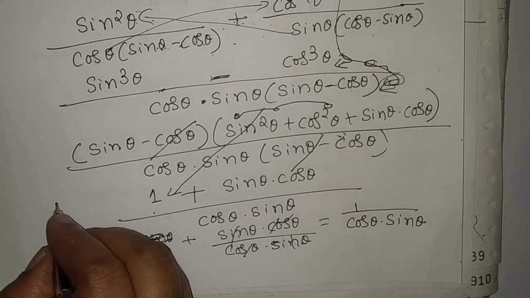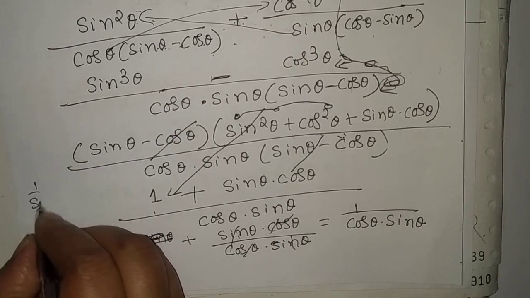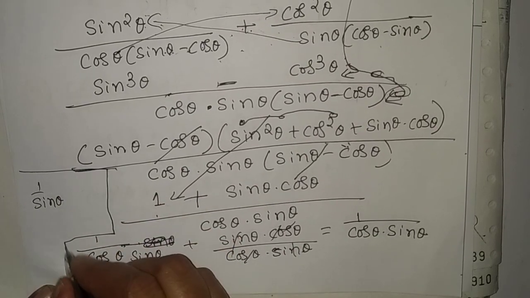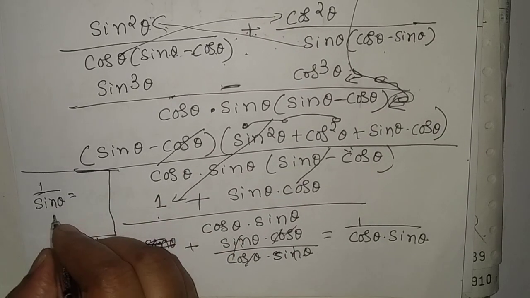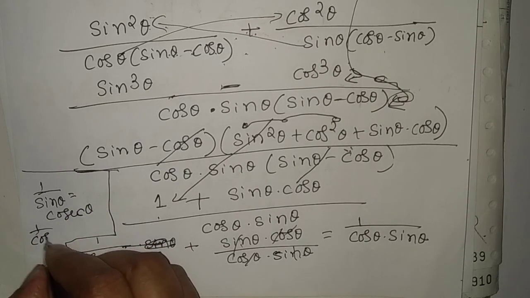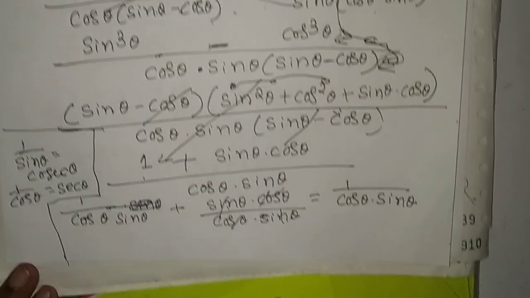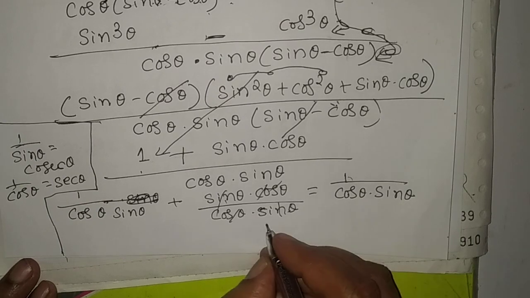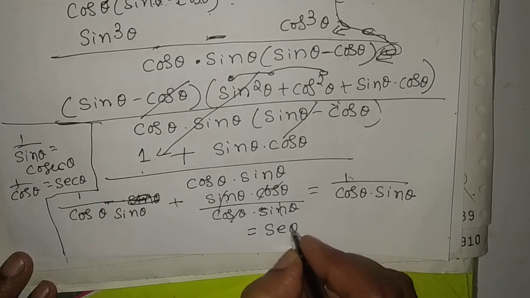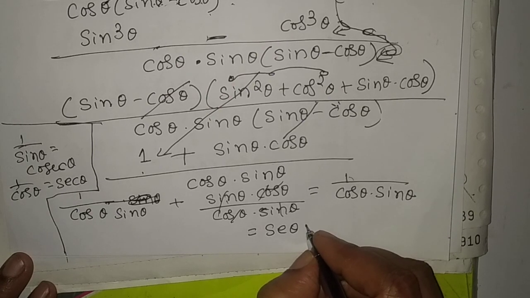So what is 1 by cos theta? So we know 1 by sin theta is equal to what? Cosecant theta, and 1 by cos theta is equal to secant theta. So replace it here, therefore 1 by cos theta will be secant theta, and 1 by sin theta is equal to cosecant theta.